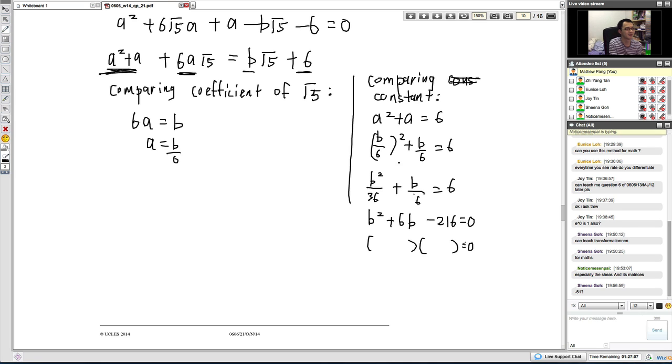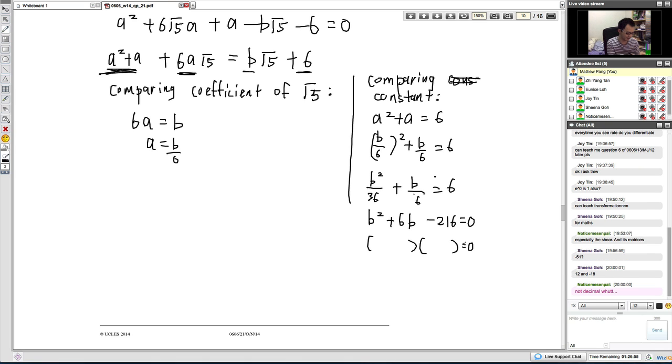B squared plus 36, this is b over 6, so plus 6b. Okay, let me press again. So I have 1, I have 6, I have negative 216. Oh no, it's not a math error. Maybe just now my calculator had some problem.